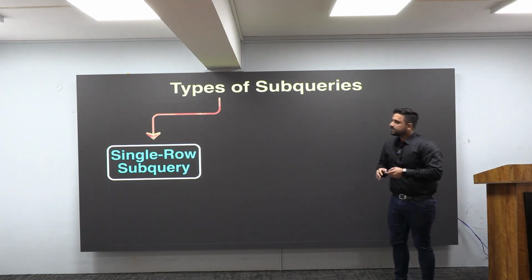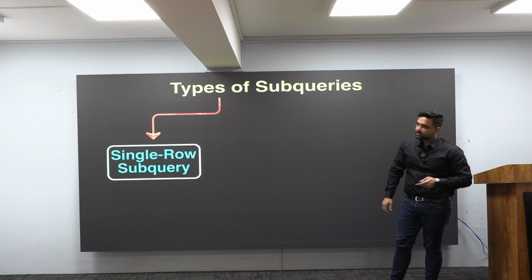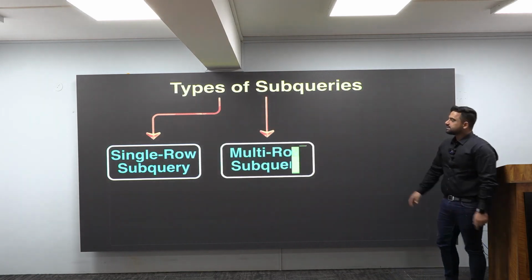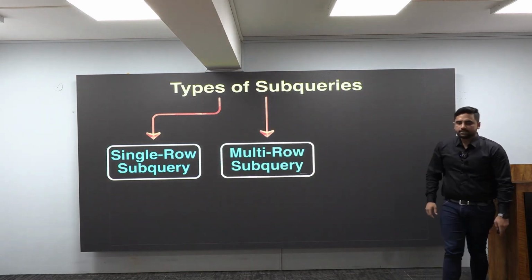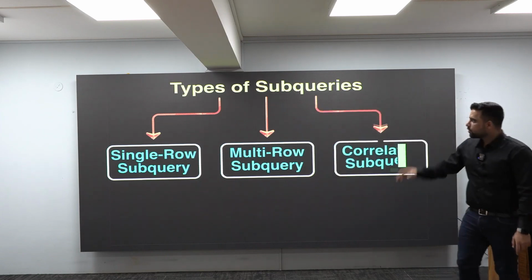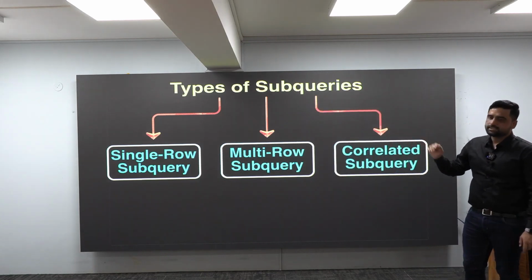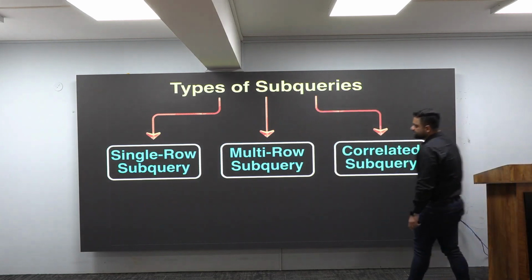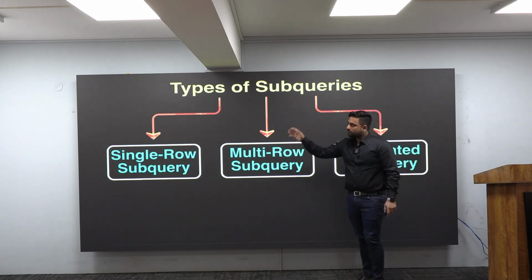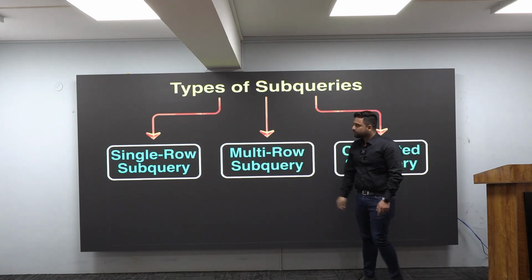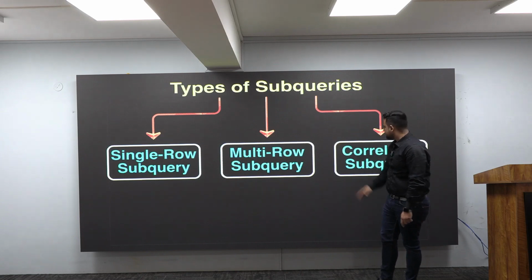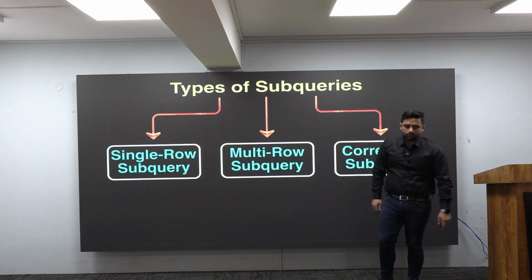First, we are having single row subquery. Next, we are having multi-row subquery. Next, we are having correlated subqueries. What are all the types of subqueries we are having? Three. Single row subquery, multi-row subquery, and correlated subquery.